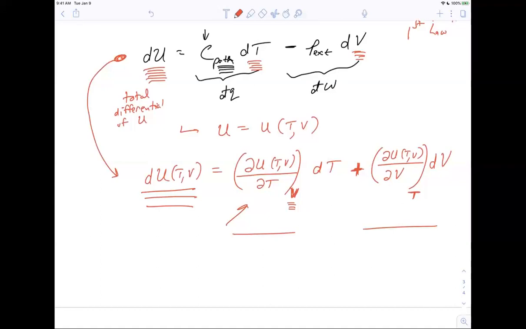We multiply it by temperature, then we get units of energy for the first term. And then for the second term, we have energy per volume. We multiply that by volume, so we are left with energy. So the two terms on the right-hand side, they give you contributions with units of energy, and that's what you should get on the left-hand side. And so everything is consistent here, okay?